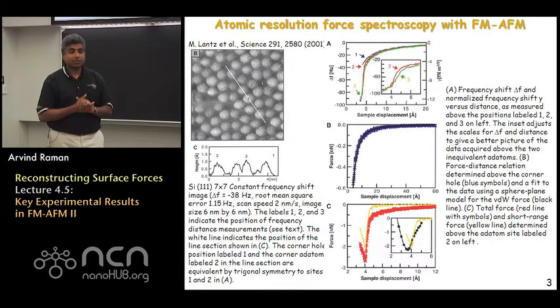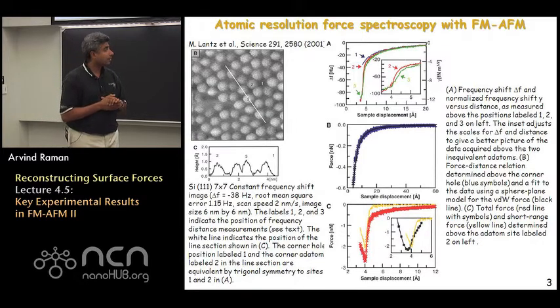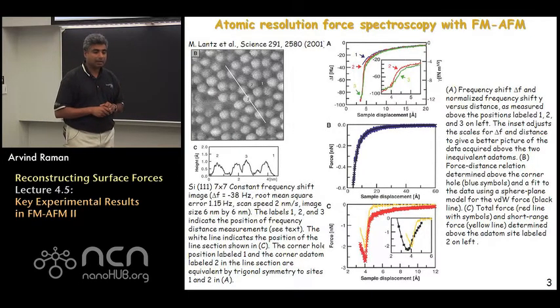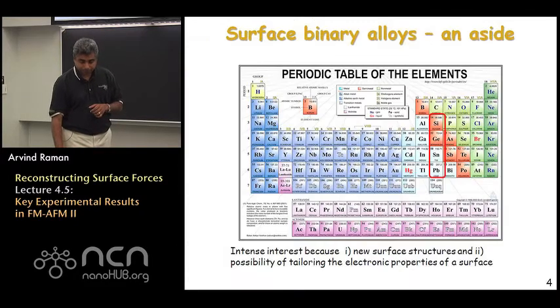They also compared this with ab initio calculations, theoretical calculations, and found that the numbers were actually not too far off as far as the magnitude of the force was concerned. There were differences in slopes, force versus distance slopes, and all these were attributed to relaxation processes and other things that were not necessarily included in the theoretical model.